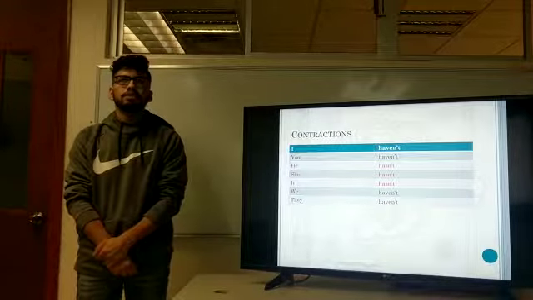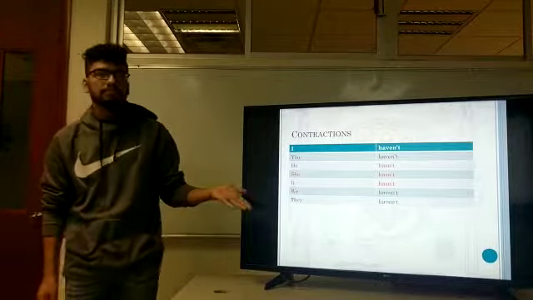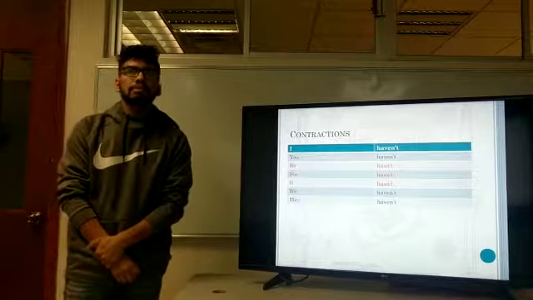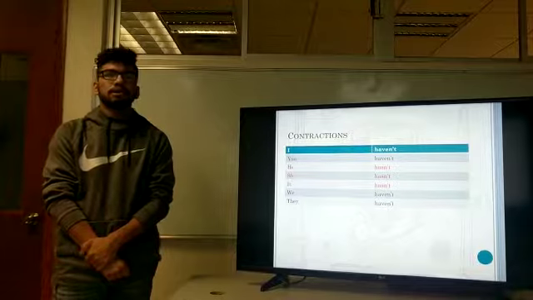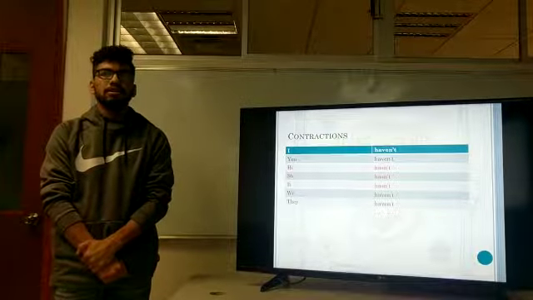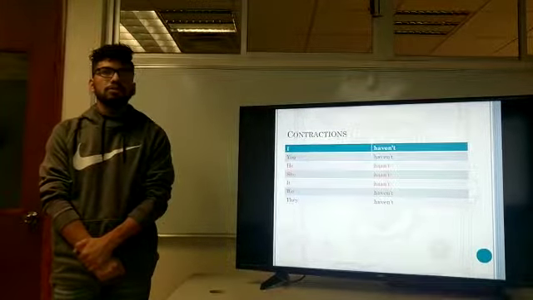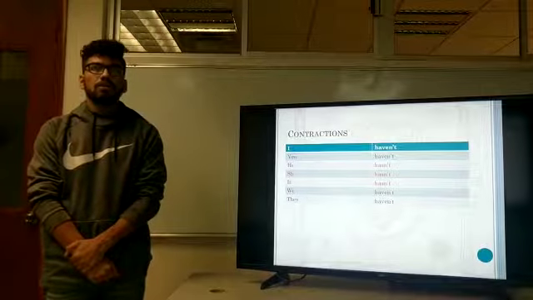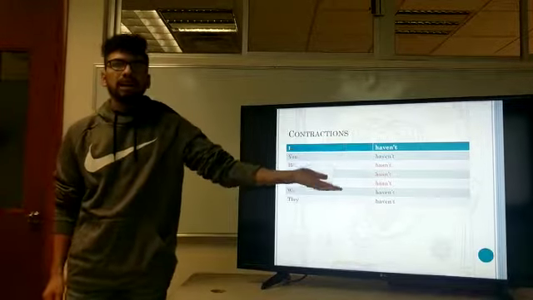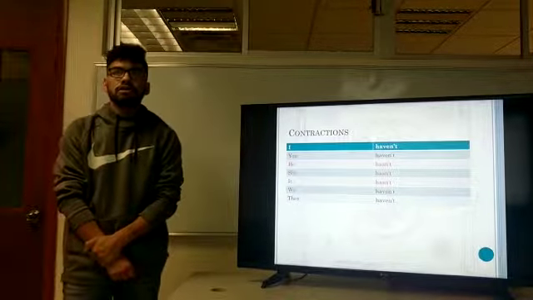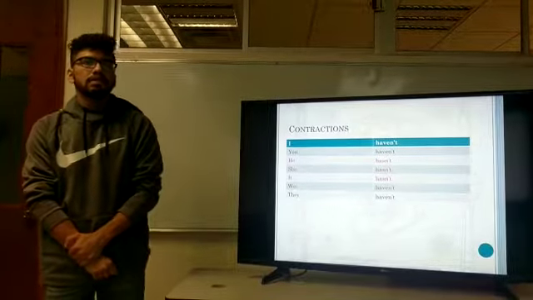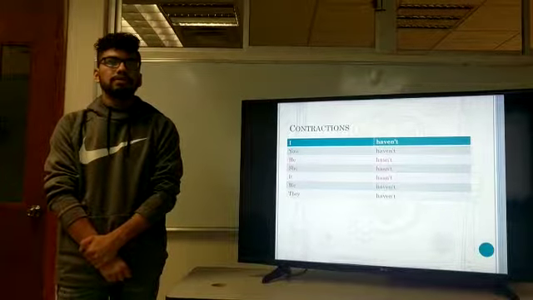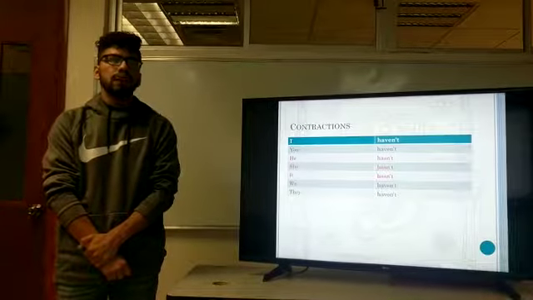For this slide, we will be using contractions now, so that we have a better understanding. Contractions are short ways to say words, basically. Not just any word can be contracted. Here, we will be using the pronouns and the words have and has. As you can see, I have not turns into I haven't, and you have not turns into you haven't.